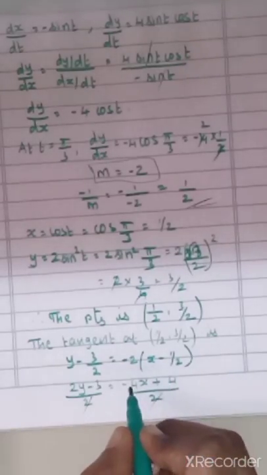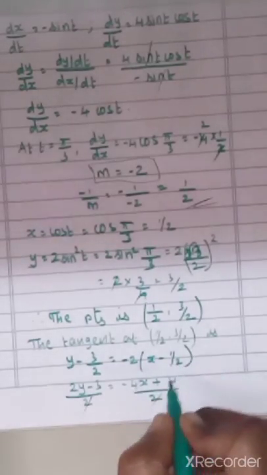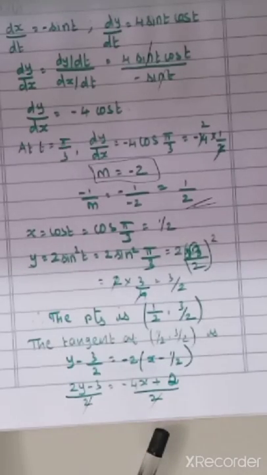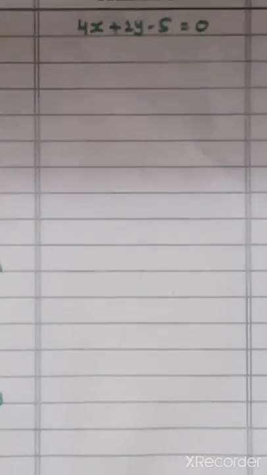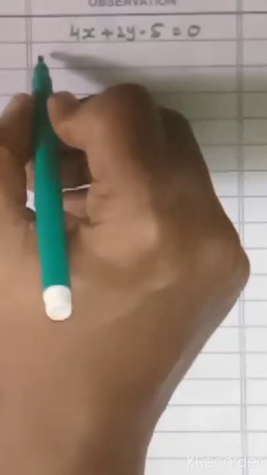So this is minus 4x plus 2, because 2 is an LCM now, so plus 2. Taking everything to one side, you will get 4x plus 2y minus 5 equal to 0. Next, what we have to find out? Normal. So this is your equation of tangent, that's all.